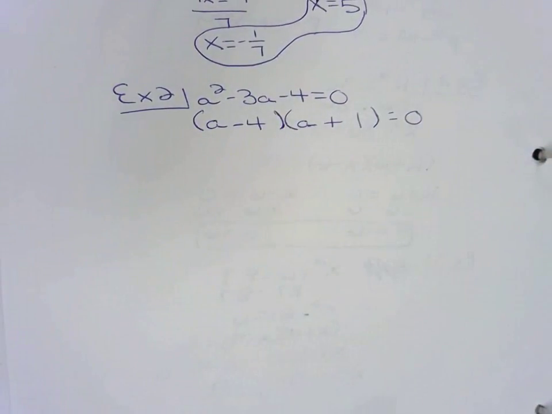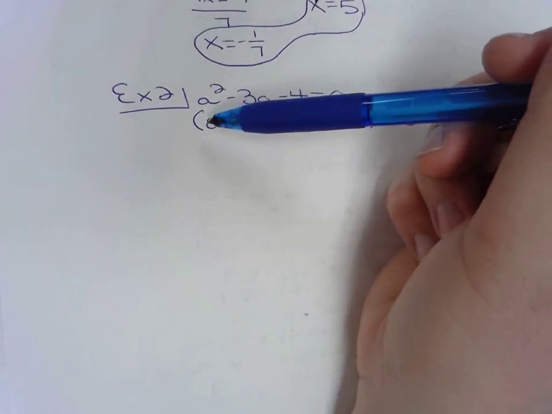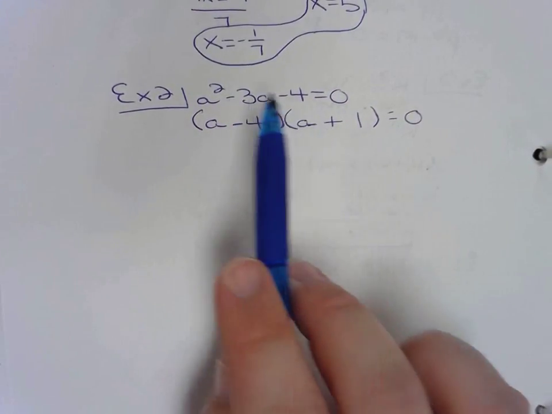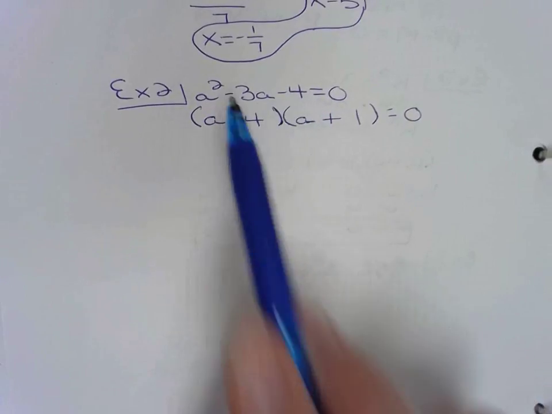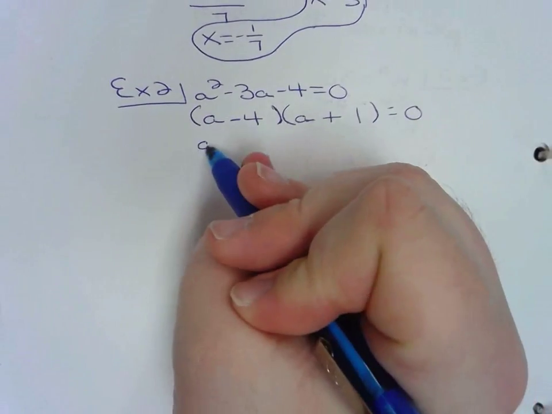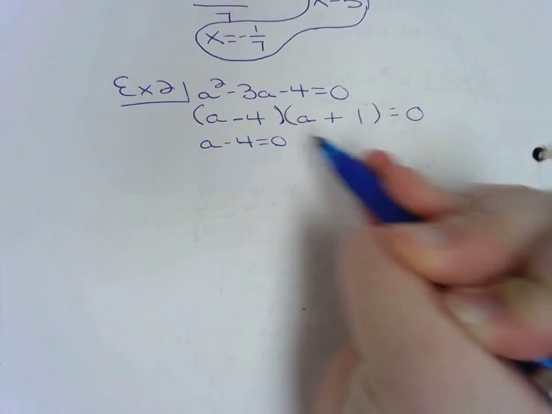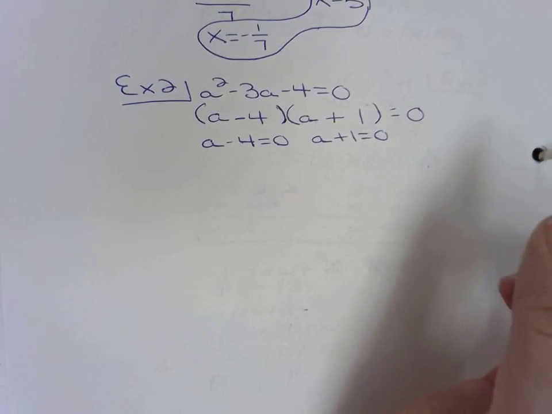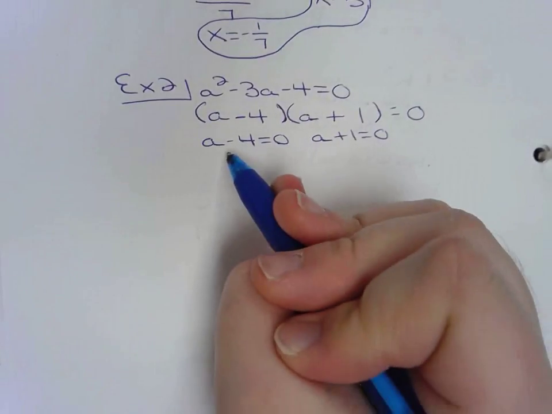So if it is a trinomial with no number in front, which means there's a 1 there, put two parentheses with a's in front, and then two numbers that multiply to get the last and add to get the middle, which in this case is negative 4 and 1. This is not solved, this is just factored. So now take each part: a minus 4 equals 0, a plus 1 equals 0, and solve that equation.